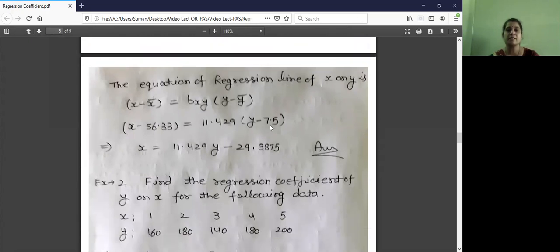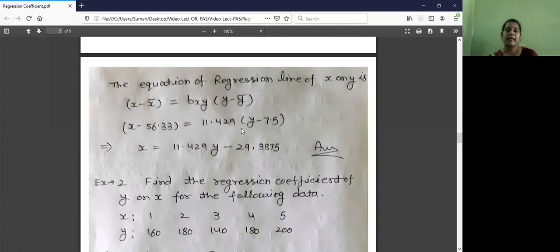So we write 7.5. Arrange this equation. If our question is x on y, so x is left side and other values are the right side. So here x is equal to 11.429 y minus 11.429 into 7.5 and this value is negative.